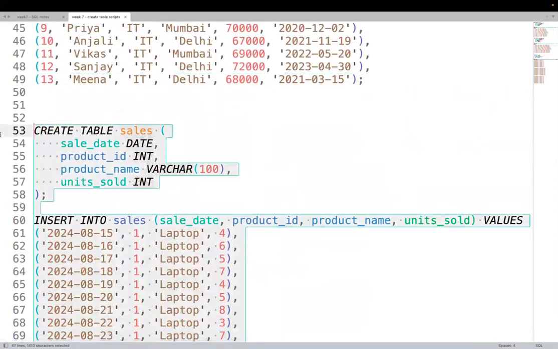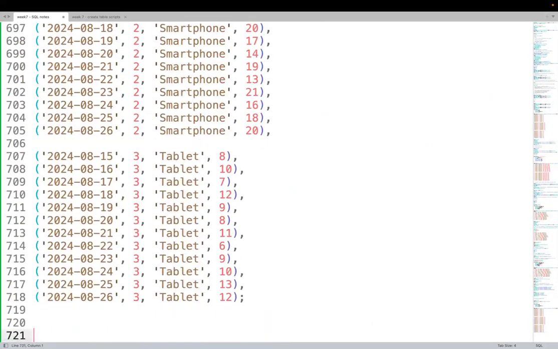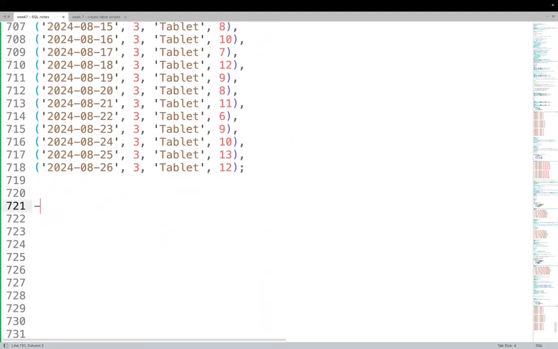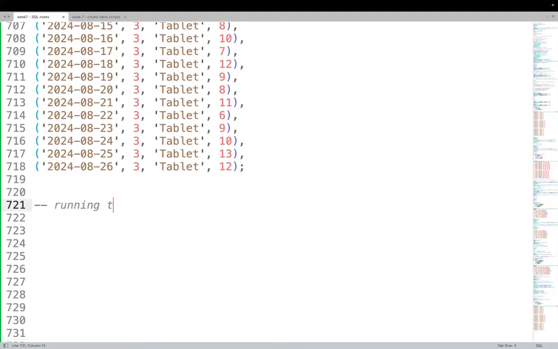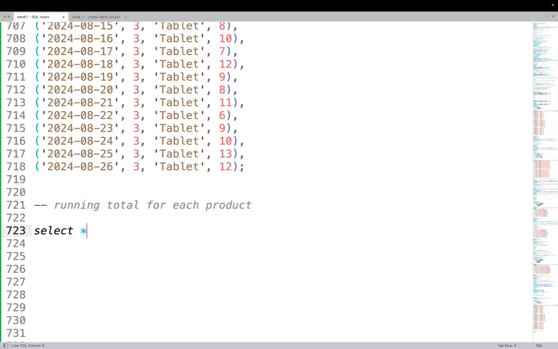Let me quickly take this and put it as part of my SQL notes so that I do not miss out. Okay. Now I want running total for each product, right? Running total of quantity sold for each product. So I can say select star, comma.